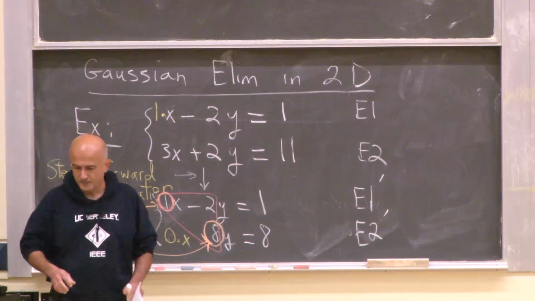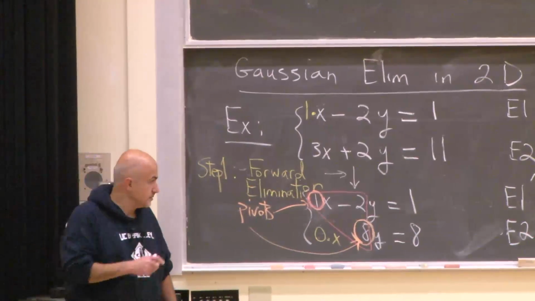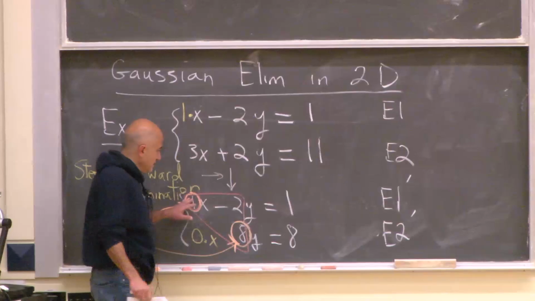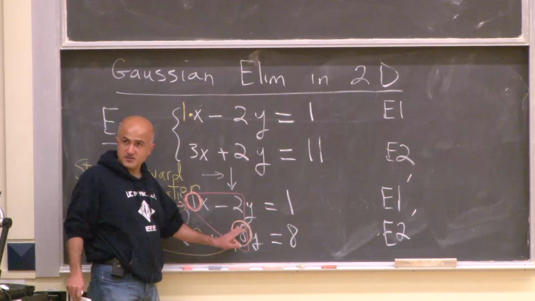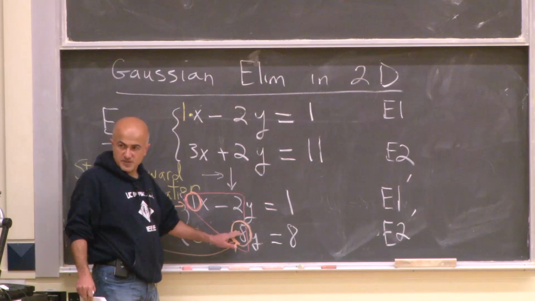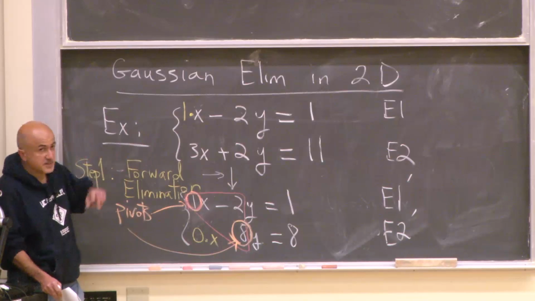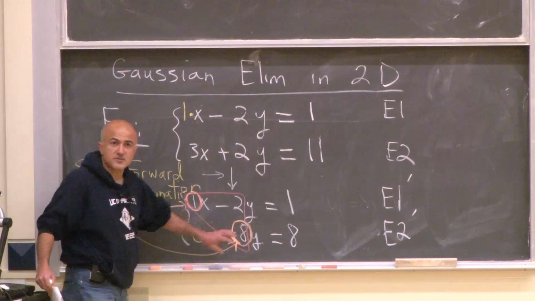Okay? Now, one distinction I have to make between the notation or the terminology I use and what's in Gil Strang's book is that regardless of the value of what's on the diagonal, I'm going to call them pivots. Gil Strang only considers non-zero values as pivots. Zero pivots cause problems. And the next example I'm going to give you is one where you have a zero pivot.